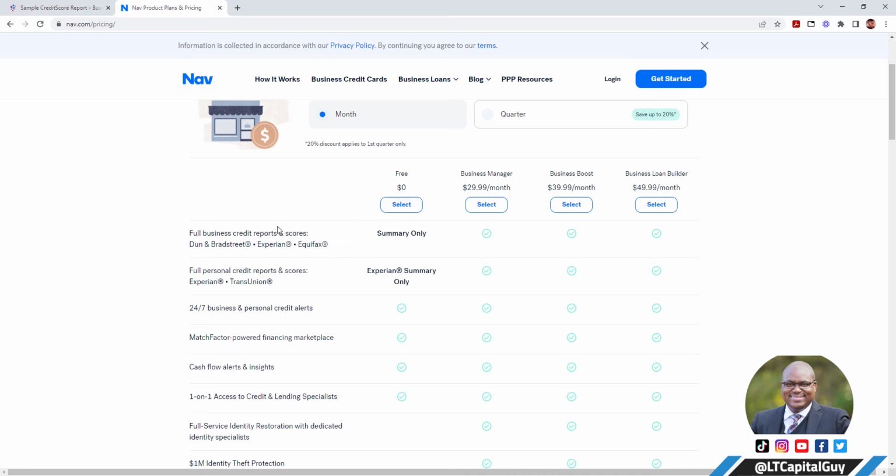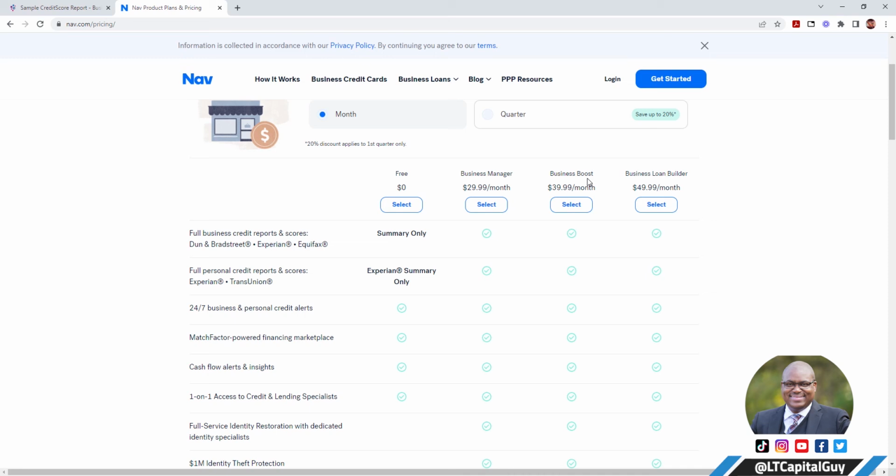if you sign up for NAV and get a summary for $0, I would recommend the Business Boost, simply because with the Business Boost you get access to all of your business credit reports. Not only that, the Business Boost actually gets reported as a trade line for your business. So just by signing up for NAV, you get a free trade line.